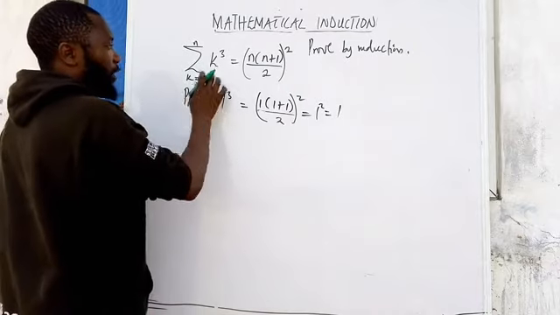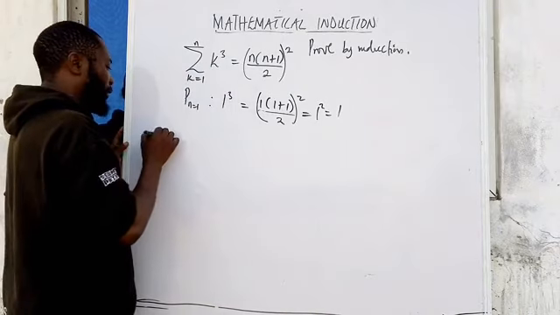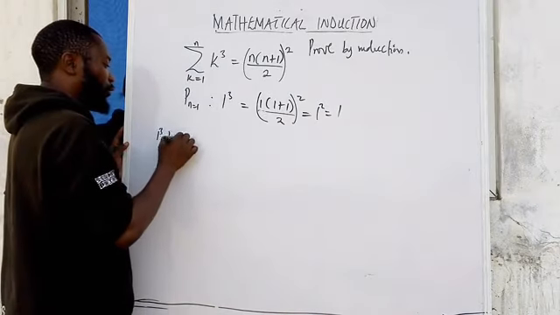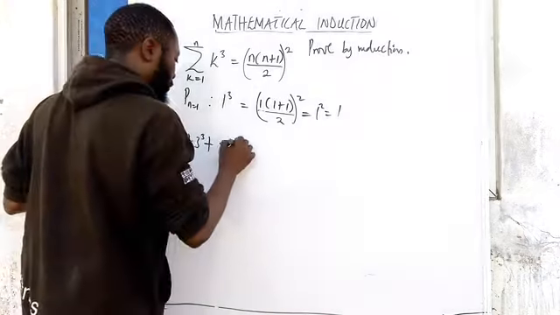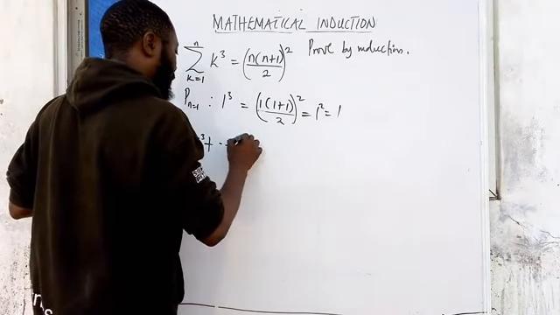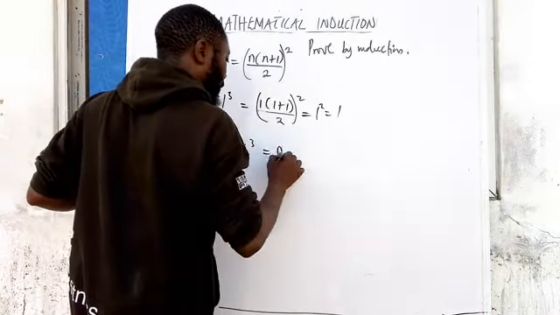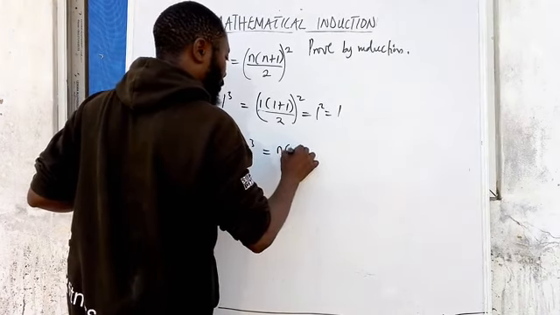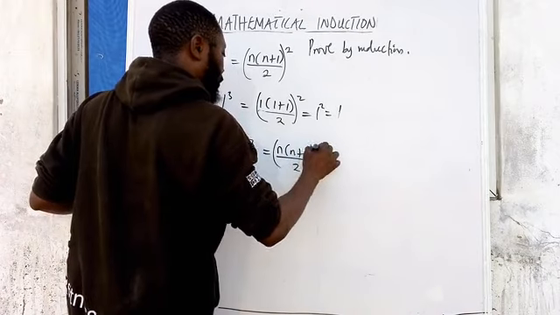That is, when you write this in expanded form, this is 1 raised to the power of 3 plus 2 raised to the power of 3 plus 3 raised to the power of 3 plus up to this term k raised to the power of 3. And our expected result is this, n plus 1 divided by 2 squared.